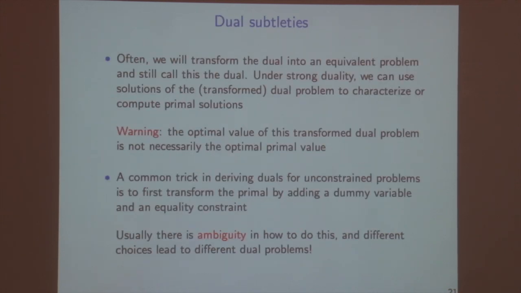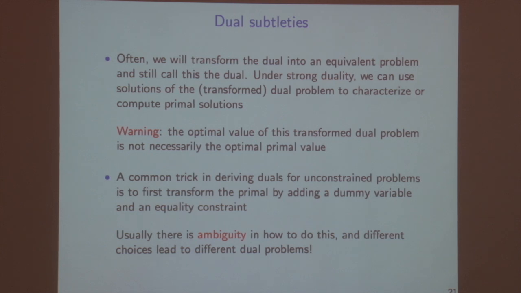I want to just repeat this because it's important. Oftentimes we're going to derive a dual, and we'll end up at something, and we'll simplify that dual by transforming it, getting rid of constants, subtracting off things, changing the sign of things by making it a maximum, minimum, etc. But the warning is that if you were to go forth with that dual problem from then on, even under strong duality, the optimal value of that dual problem is likely not going to equal the optimal value of the primal if you've made transformations.